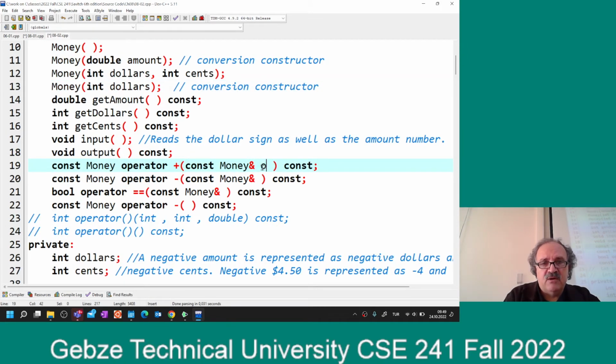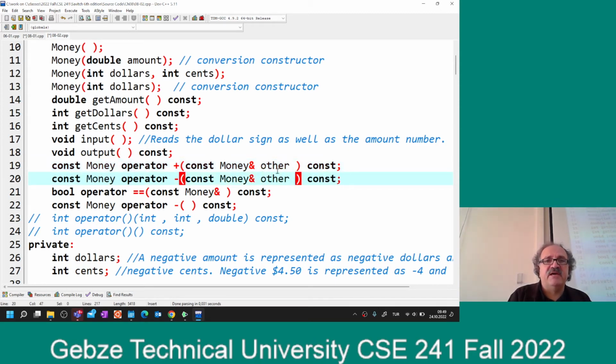Okay, O1, other, or other. So when I put a comment here, I talk about this. Adds this object with the other. Okay. So giving names at this phase of function definition is useful if you are going to refer to them in your commands. Okay.